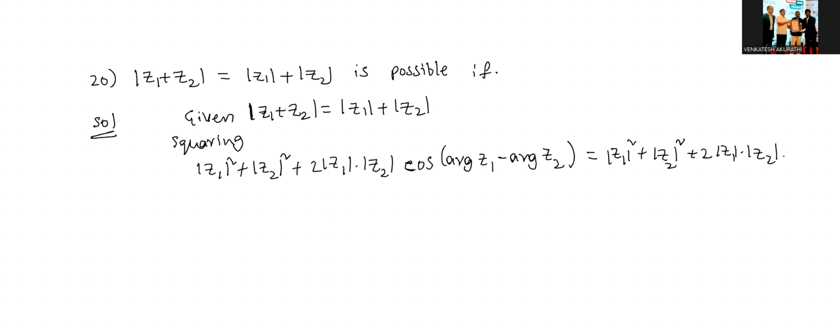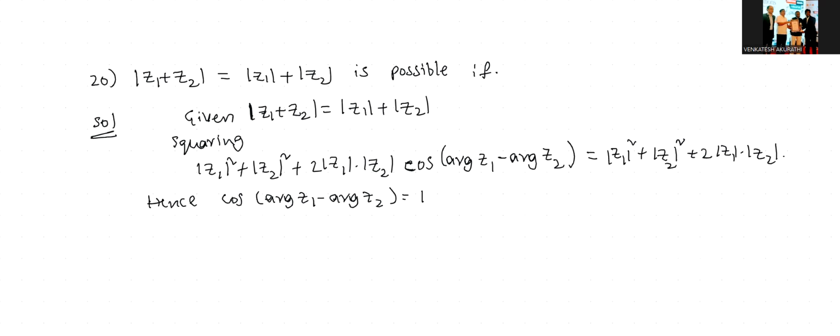Hence, cos of (argument of z1 minus argument of z2) is equal to 1. The rest cancels, so cos of (argument of z1 minus argument of z2) is equal to 1.